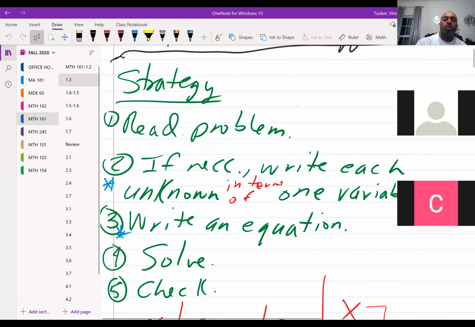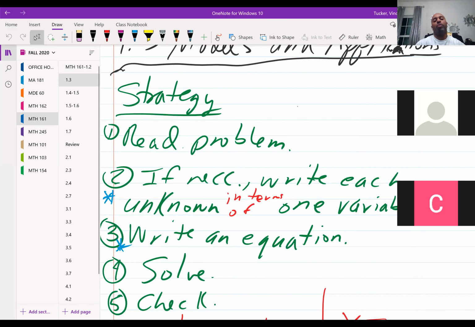Step two is to, if necessary, write each unknown in terms of one variable. I think I messed it up. Let me go ahead and rewrite that right now.